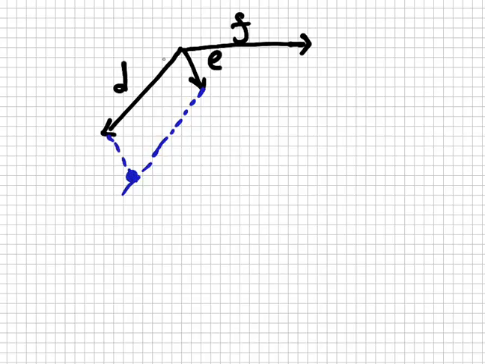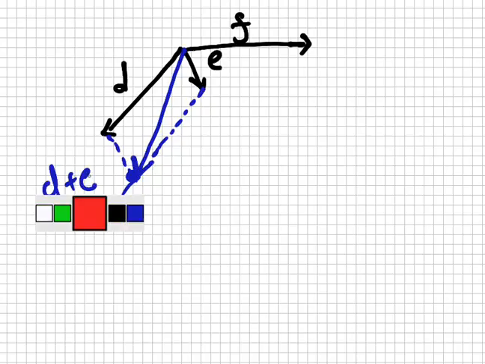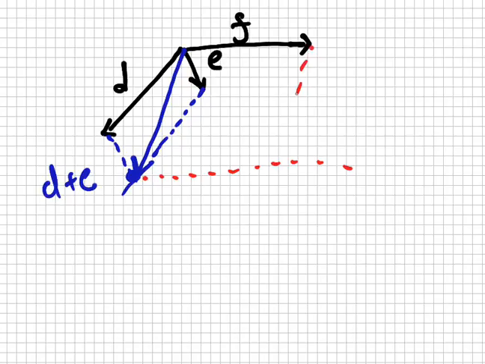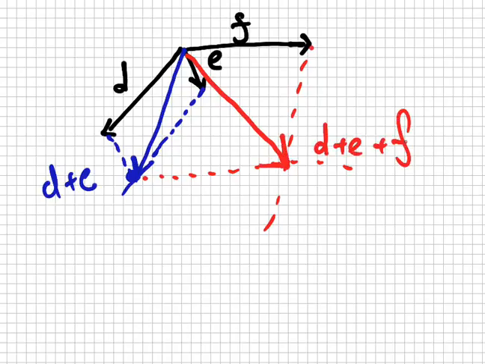So here's D plus E. That's D plus E. Then I add D plus E with F. And here is D plus E plus F. So you have to do it in steps. First add two together, and then add that resultant with the last one.